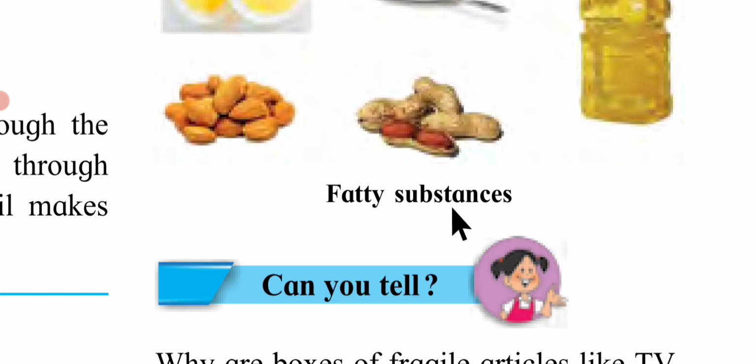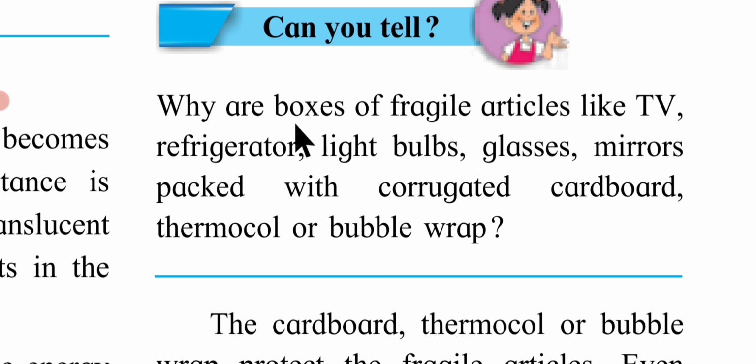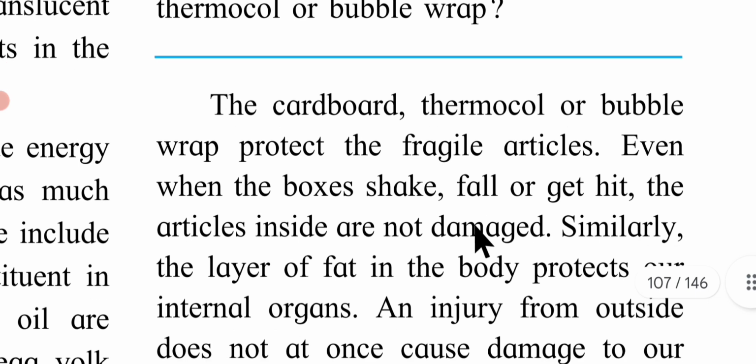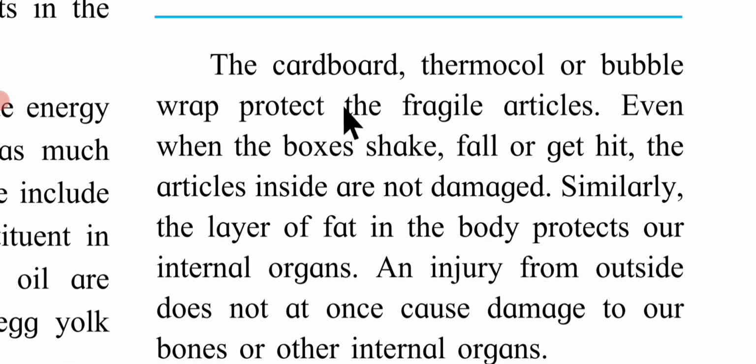Fatty substances. Can you tell why boxes of fragile articles like TV, refrigerator, light bulbs, glasses, mirrors are packed with corrugated cardboard, thermocol, or bubble wrap? The cardboard, thermocol, or bubble wrap protect the fragile articles.